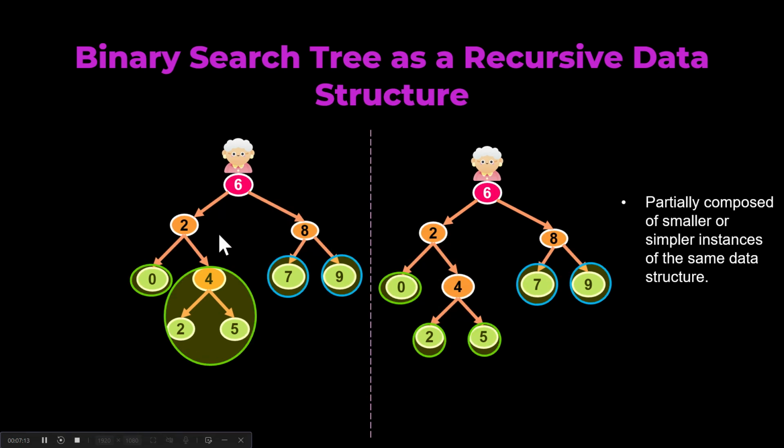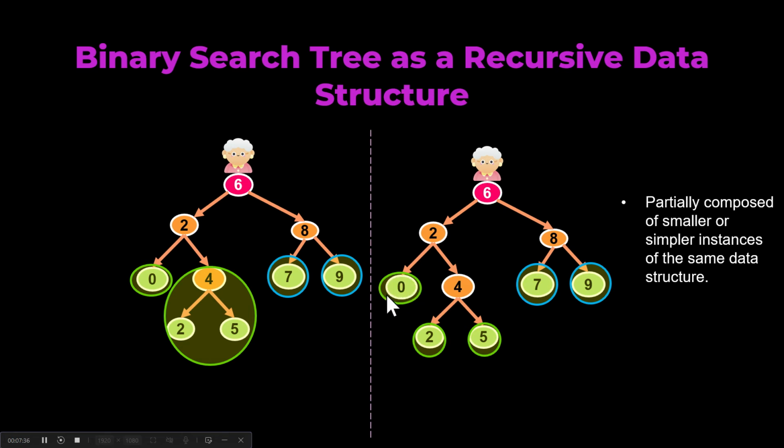And in here, we can further break it down into left subtree, right subtree for the 2, and on this side again, 8, we can break it down into left subtree and right subtree. And I have changed the color of the leaf nodes into green, because it is a leaf node.